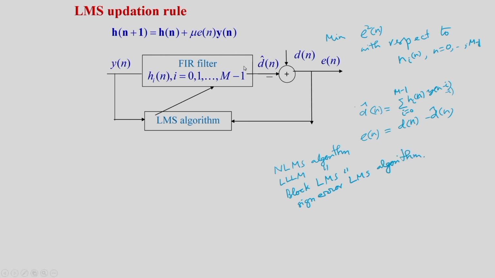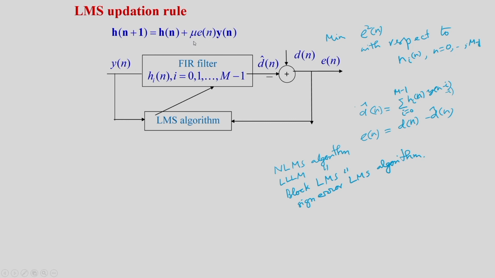The LMS is a very simple adaptive filter, but the problem is how to choose this step length parameter mu. This depends on the eigenvalues of the autocorrelation matrix. Suppose we are filtering a WSS signal y[n], then the eigenvalues of the corresponding autocorrelation matrix of y[n] will determine this step length parameter.